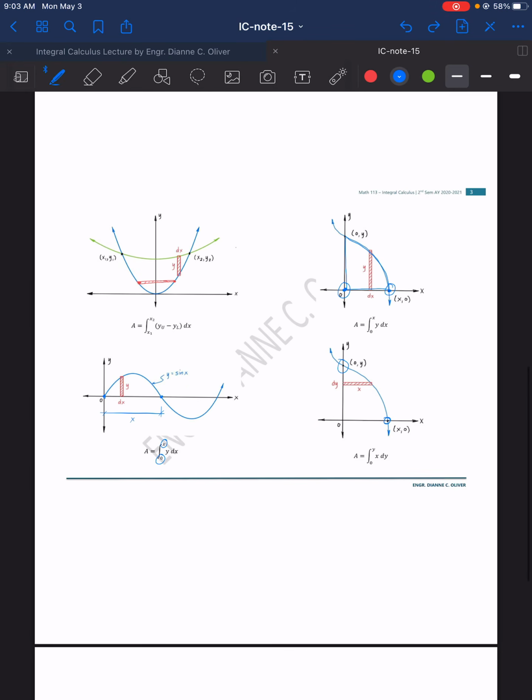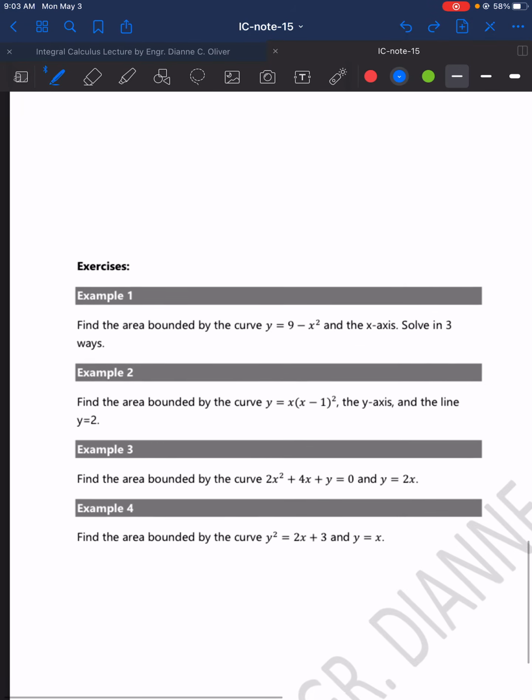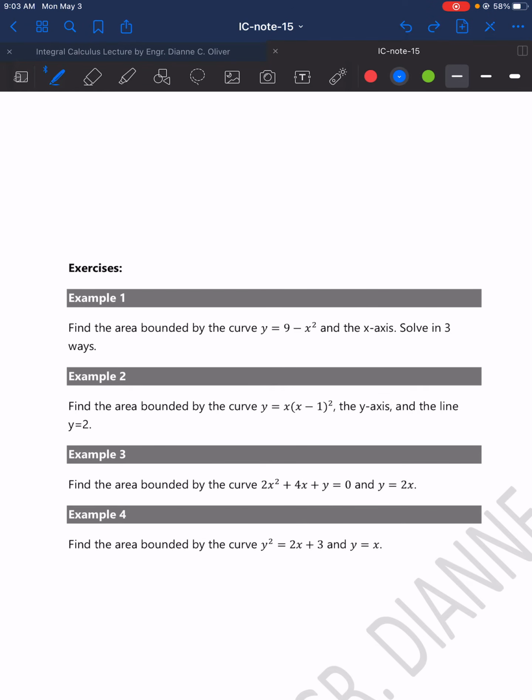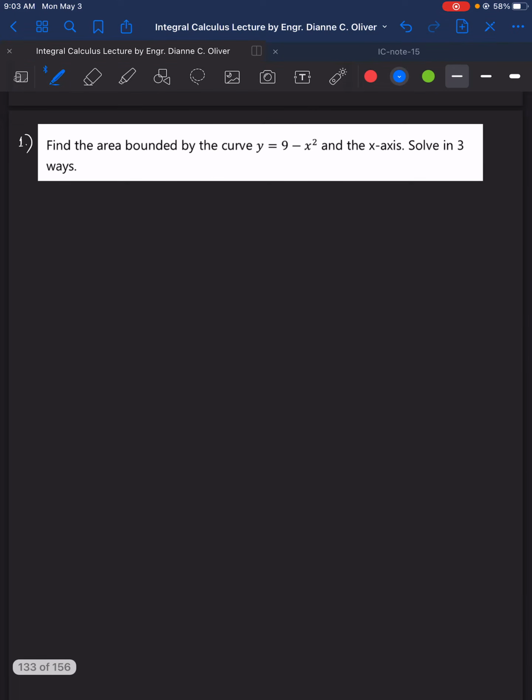Now let's practice solving these examples. There are 4 examples for this video. For number 1, find the area bounded by the curve y is equal to 9 minus x squared and the x-axis. Solved in 3 ways.